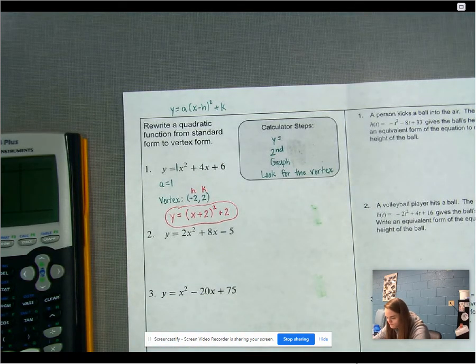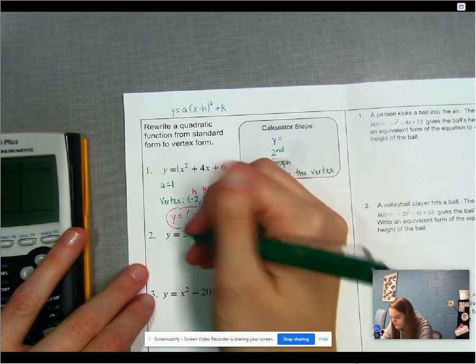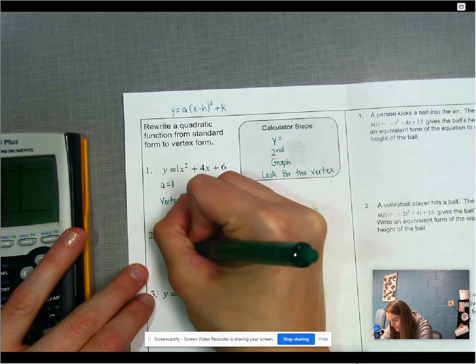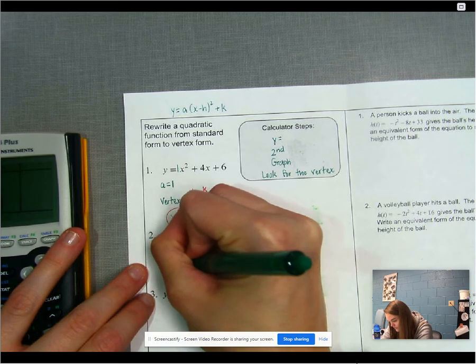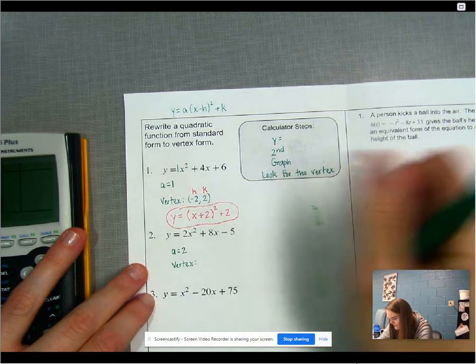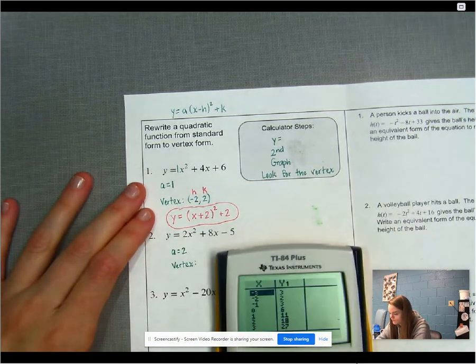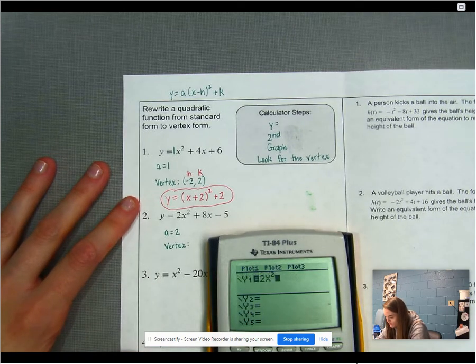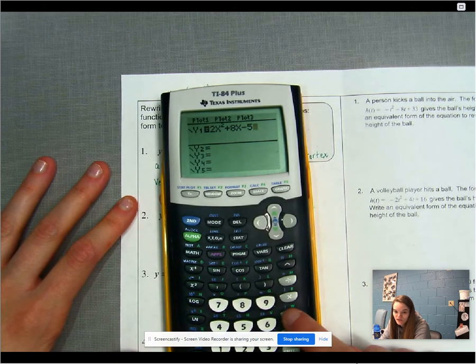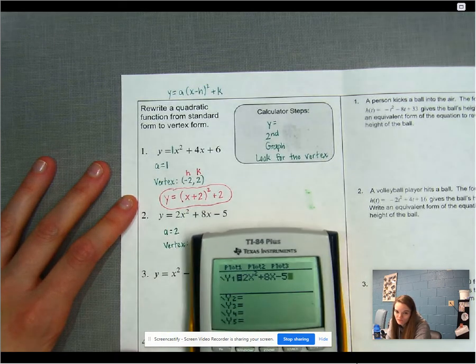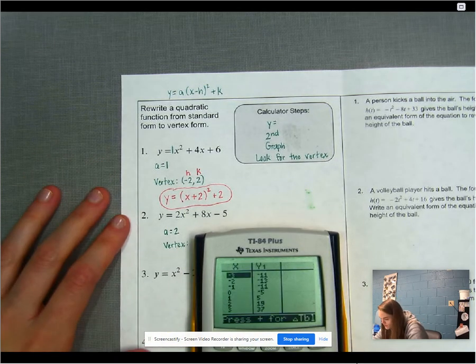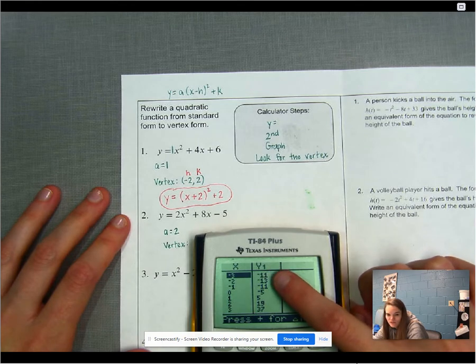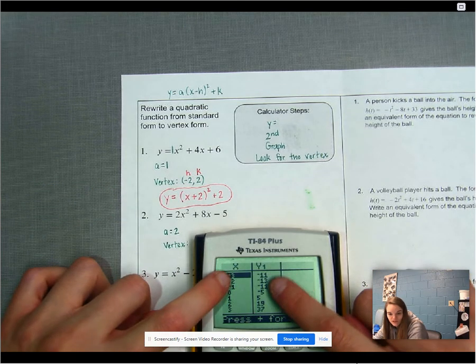Let's do number 2. Number 2, A is 2, and we have to find the vertex using the calculator. Y equals, clear this out, 2x squared plus 8x minus 5. Make sure you put minus 5, not negative 5, or it will give you something wrong. Second graph. Do I see any repeats? Oh, I do, right here. Negative 11, negative 11.